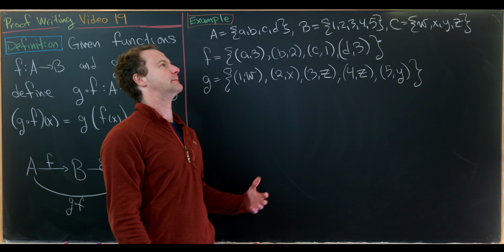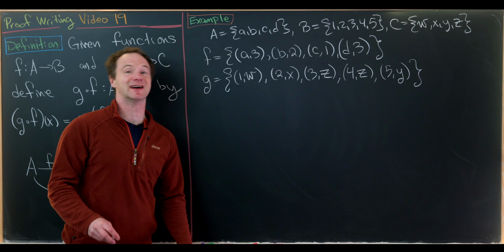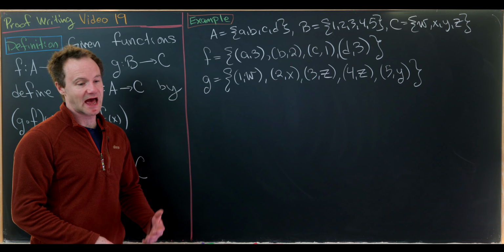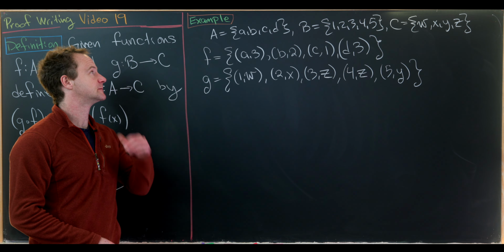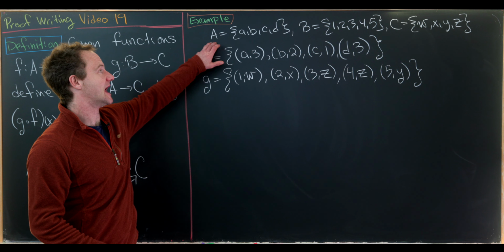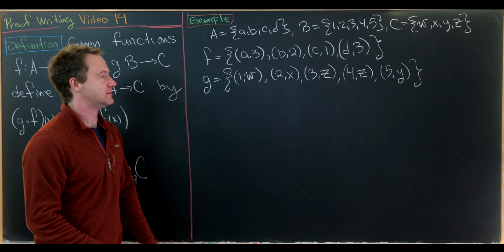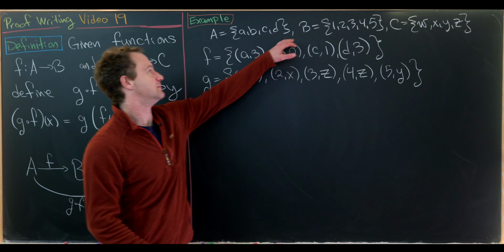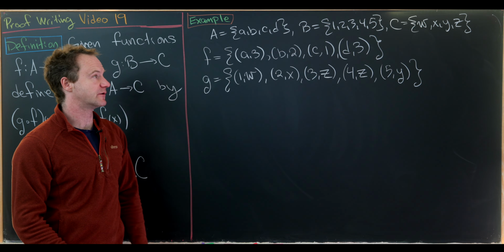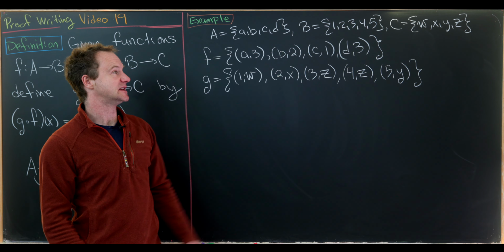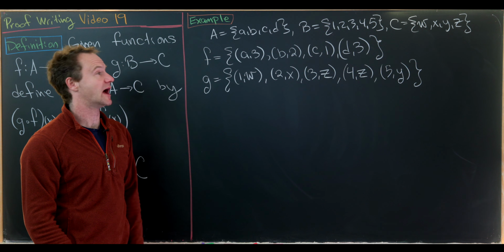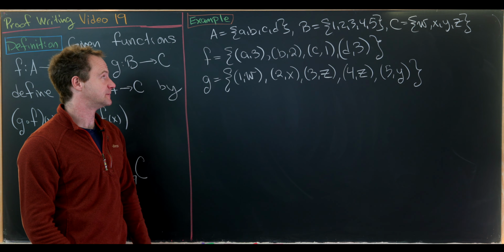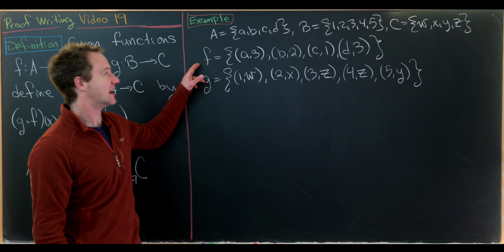Okay, let's look at a really basic example that comes from the definition of a function as a subset of the cross product. So let's consider the set A, which has lowercase a, b, c, d. The set B, which has the numbers 1, 2, 3, 4, 5, and the set C, which has W, X, Y, and Z. And then we'll define a function f.